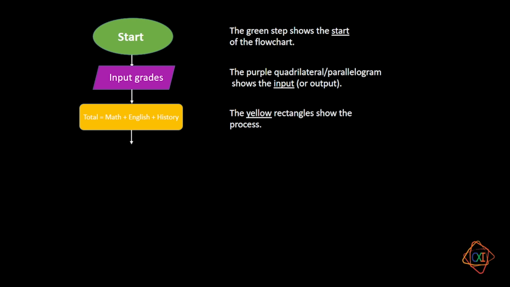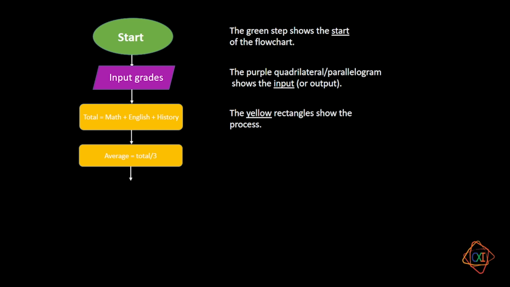The second is the yellow rectangle, which shows the process. So here what's happening is that the code will take total equals math plus English plus history. They will be added together. Then we'll jump into average.